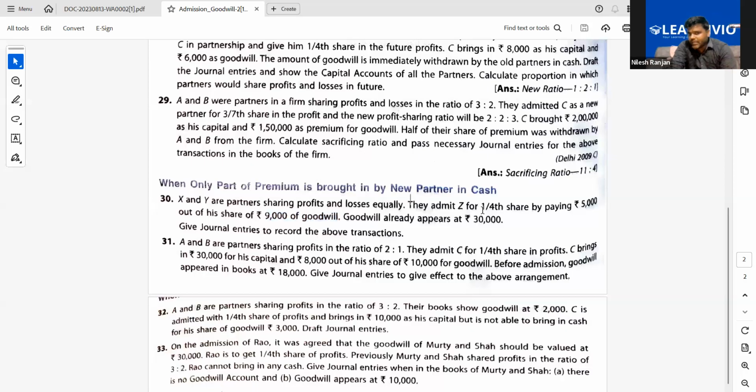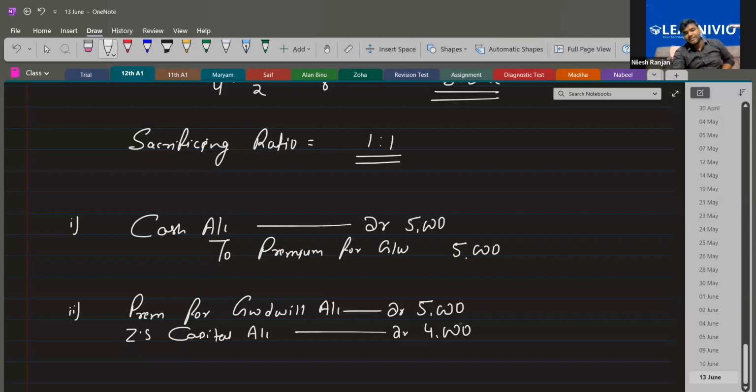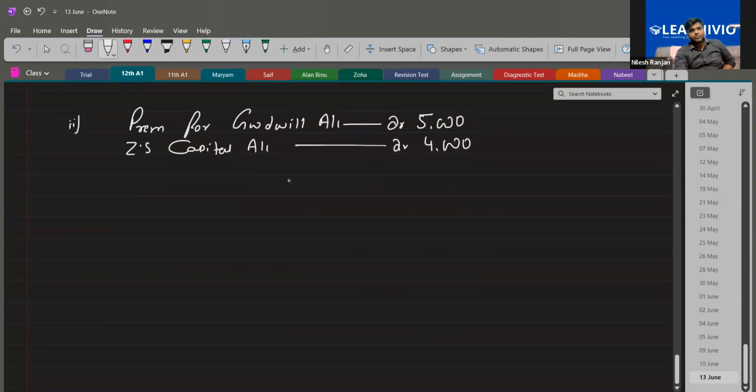It is said in the question, they admit Z for 1/4 share by paying 5,000 out of his share of 9,000 of goodwill. So his share was 9,000. He paid only 5,000. So how much money will we take from his capital? 4,000. Very good. So Z capital 4,000. And the sacrificing ratio is 1:1, so the total 9,000 will be distributed between X and Y.